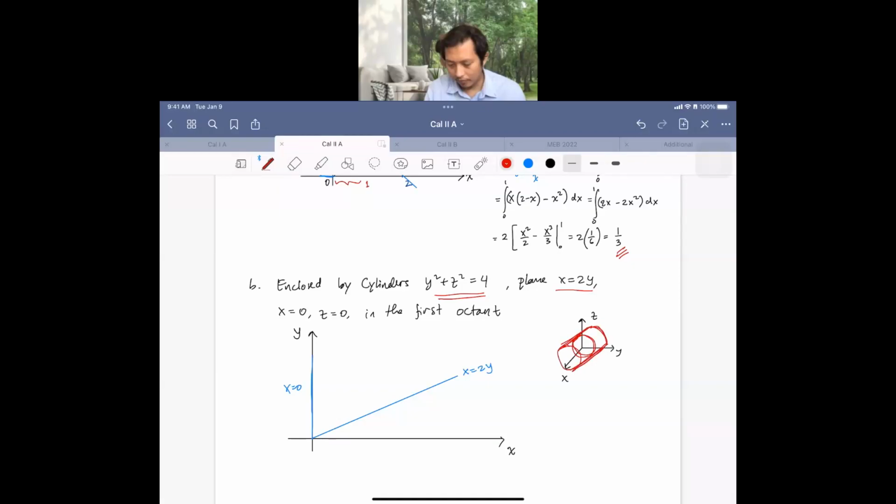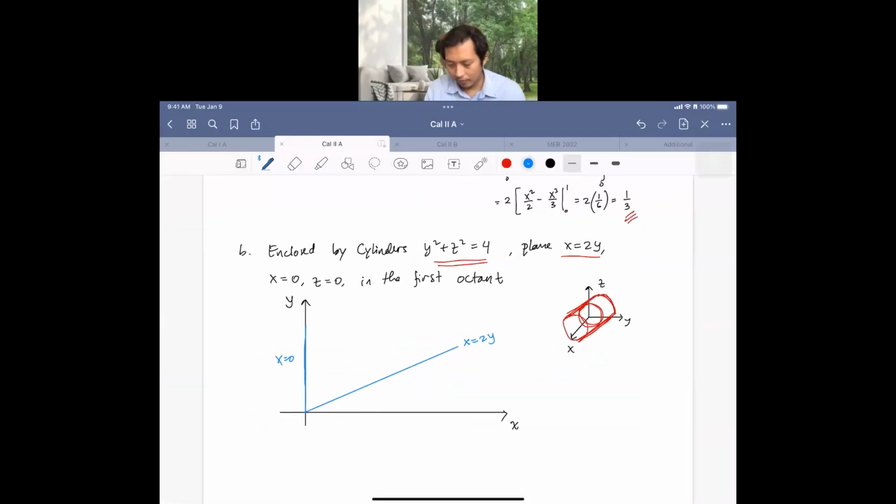Okay. So the first octant will be if we have complete. The first octant should be about this one. Okay, the one that is all positive. Yeah, I think it is still difficult to see.